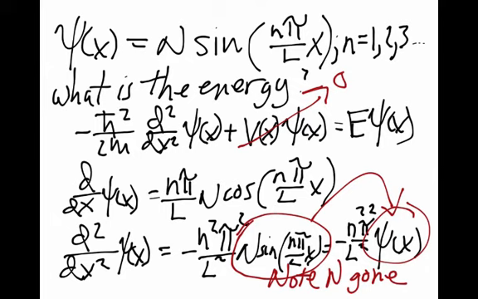We never needed to know it to find out what the total energy is. That's because the total kinetic energy is equal to the curviness, which involves the second derivative divided by the function itself. So that normalization constant just floats on out, and we don't have to worry about it to figure out the kinetic energy.